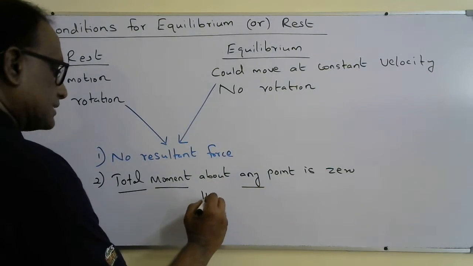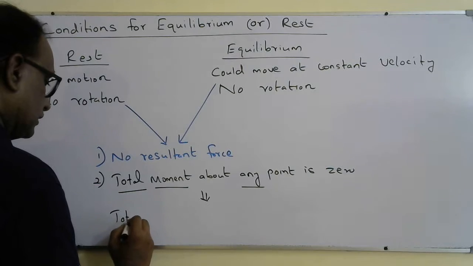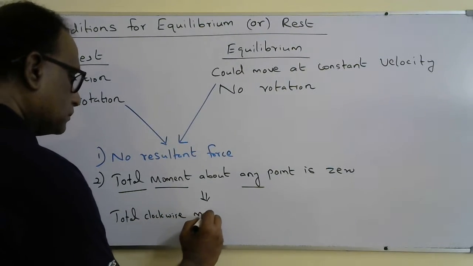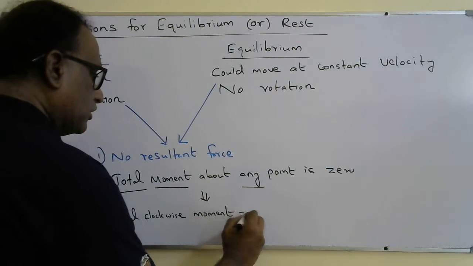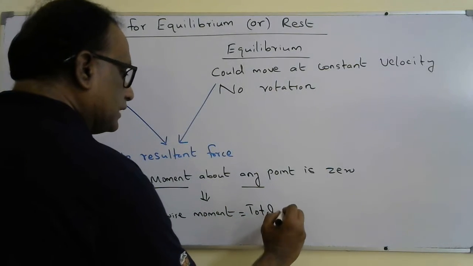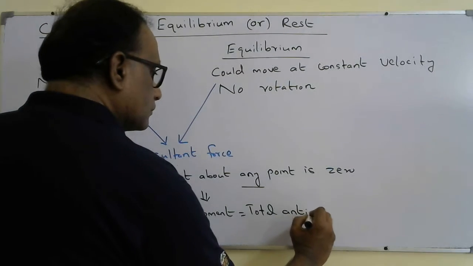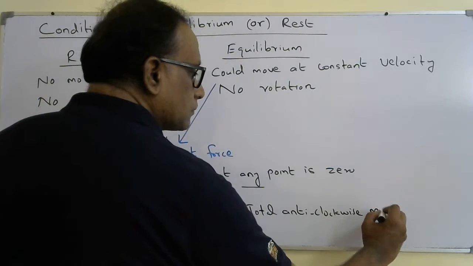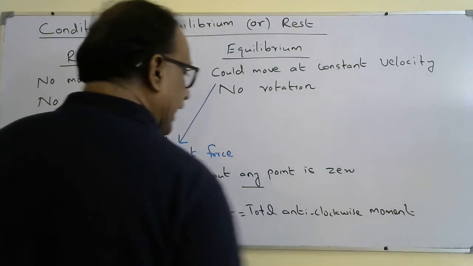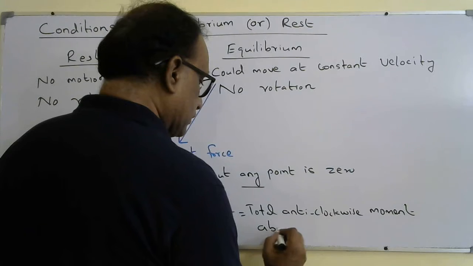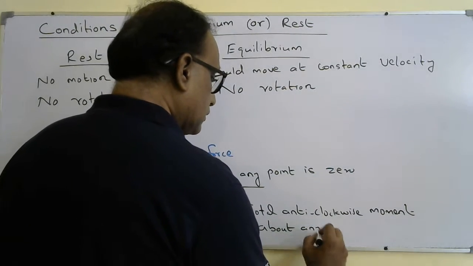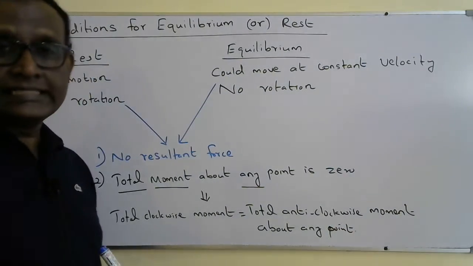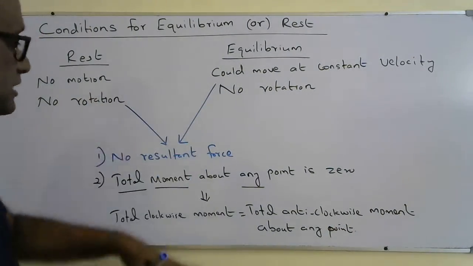The same thing I can say, total clockwise moment must be equal to total anti-clockwise moment about any point. So the calculations based on conditions are related to these two conditions.